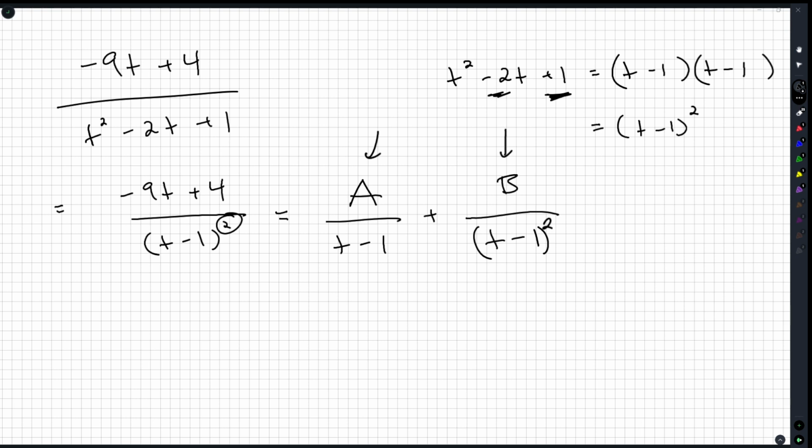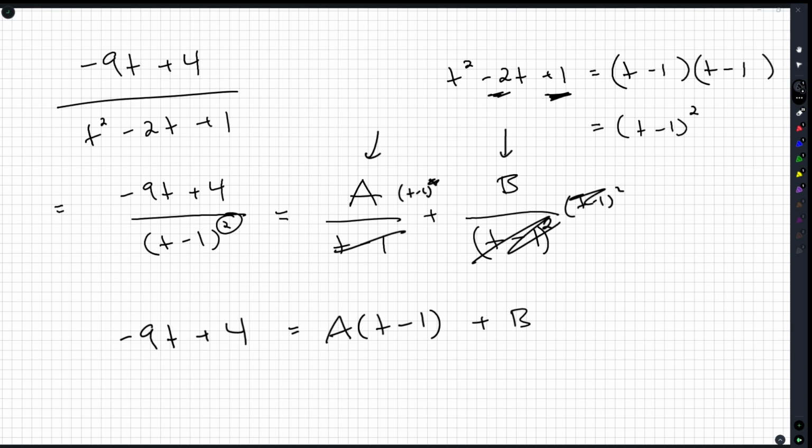Okay, so what I would probably do is multiply both sides by t minus 1 squared, because that will leave you with just the numerator on the left. If I multiply by t minus 1 squared here, one of those factors cancels out. And then multiplying by t minus 1 squared with this one, they actually cancel out. You're just left with b.